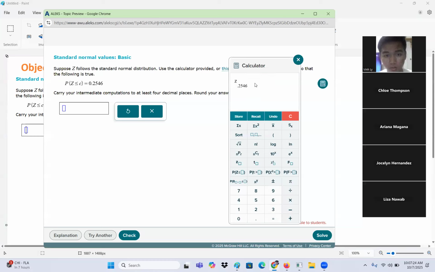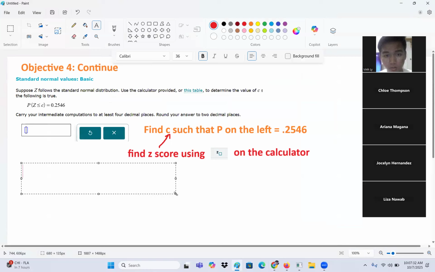When the z-score is positive, the left-side probability has to be large. When z equals 0, for example, P of z less than 0 is basically 0.5, and it's the same thing as P of z greater than 0.